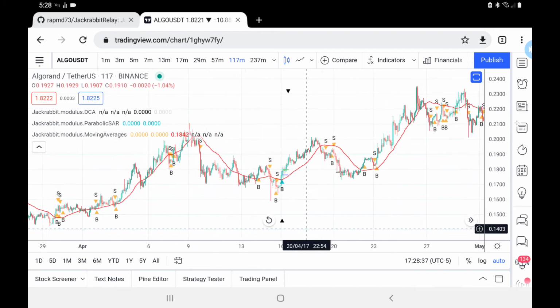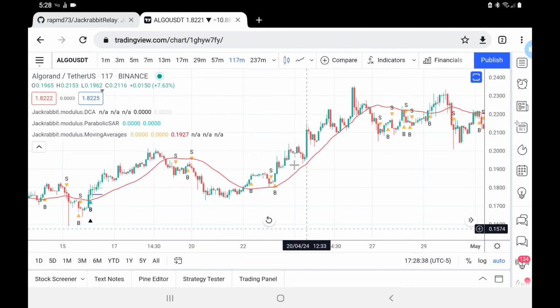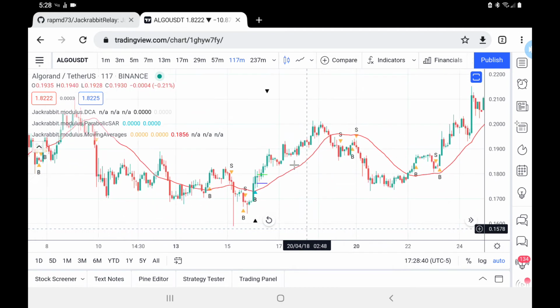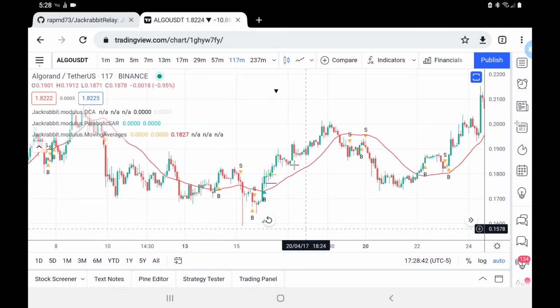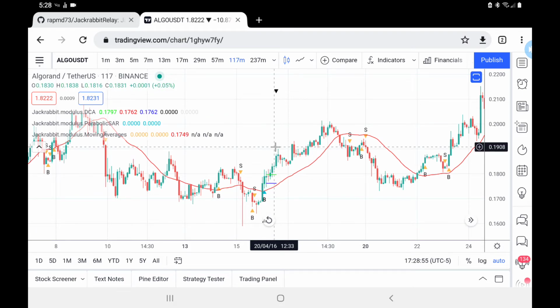And with its narrow range, you can see just how well the combined effort here with the Rule 37 and Parabolic SAR got in, rode the wave, got out. Very minimal amount of time. And that's what we really want, limited amount of time.